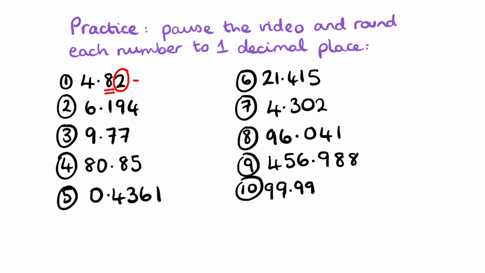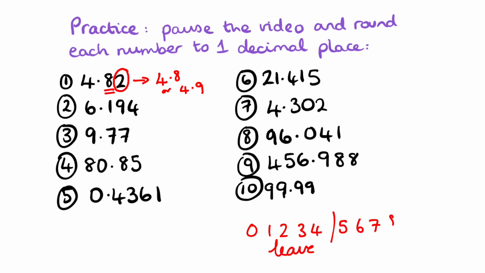So whichever way you're doing it, your number is going to be either 4.8 or 4.9, and you have to decide that. Okay, the 2 tells you, remember, 0, 1, 2, 3, 4, you leave it as it is, and 5, 6, 7, 8, 9, you round up.